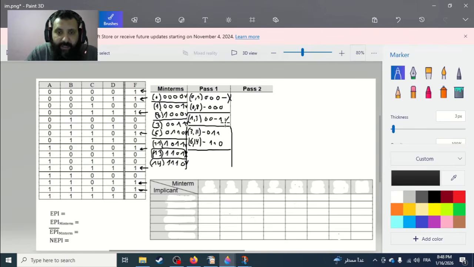This is a prime implicant. Okay, let's continue. The dash at the third position, at B. We don't have anyone. Let's now see when the dash is at the last position, at A.